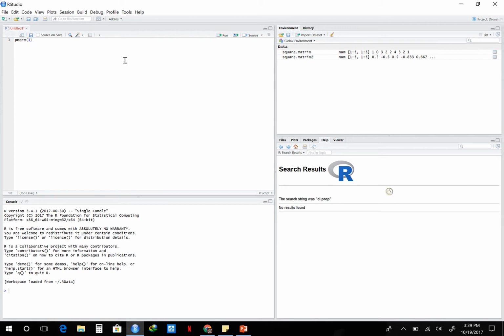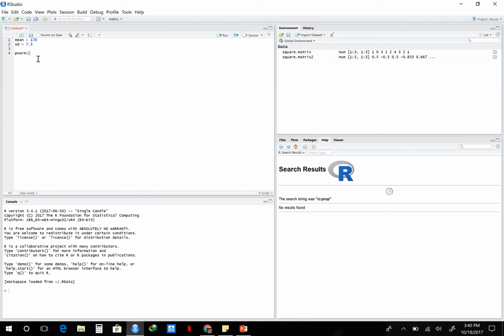So let's say we have a data set of heights, and the mean of the height was 170 centimeters. We're doing it in centimeters. And then the standard deviation was something like 7.5.